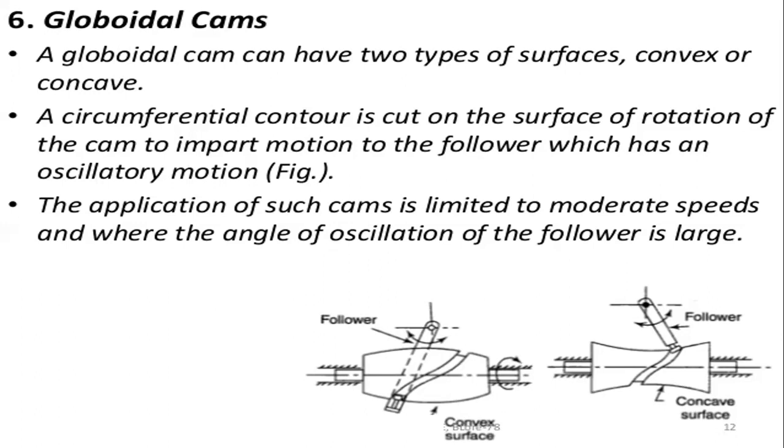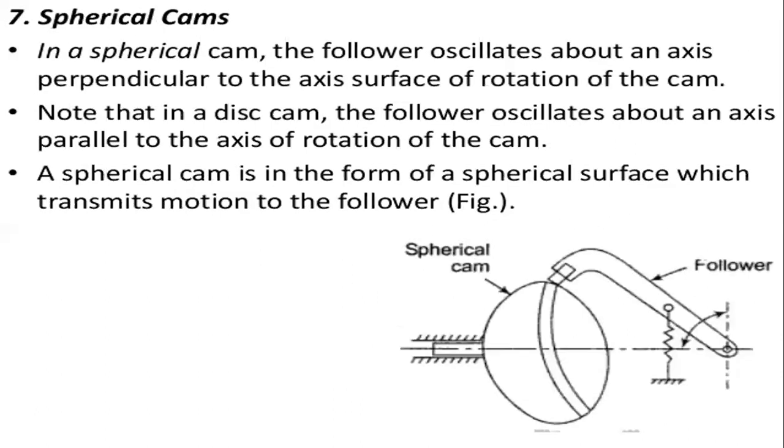So you can see the difference in the globoidal cams, which basically have a convex surface and a concave surface. So next we can see the spherical cams.